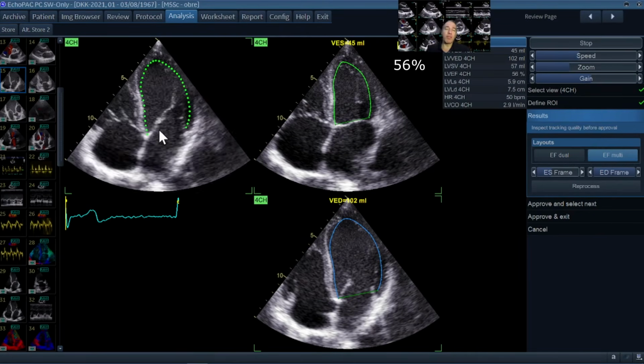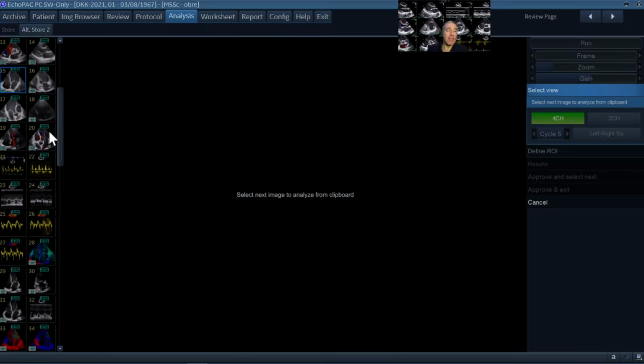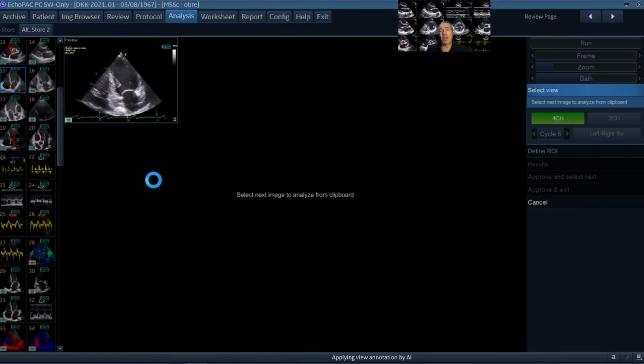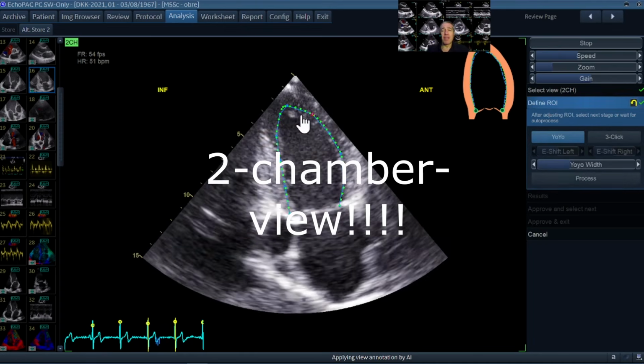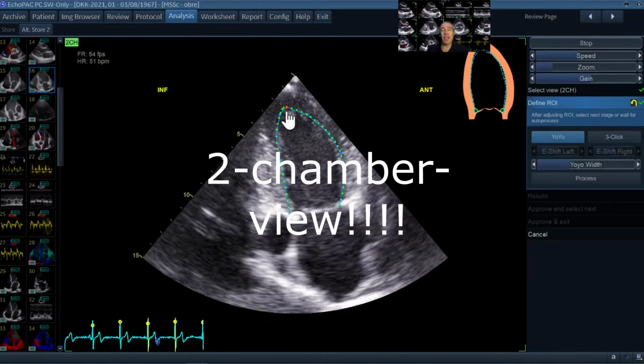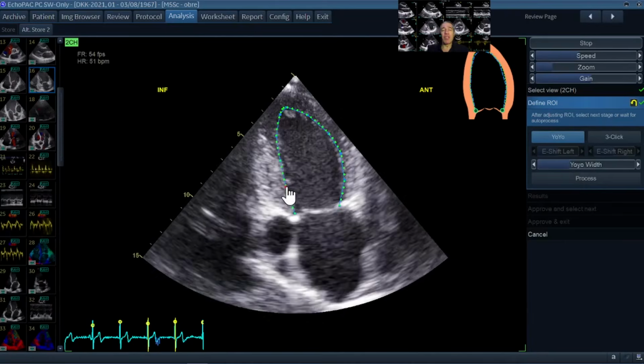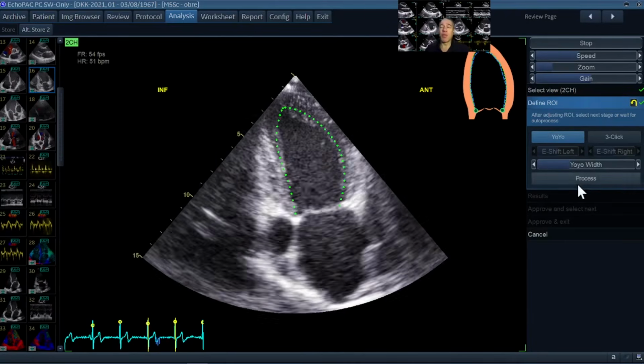You can stick to the monoplane ejection fraction measurement, but if you want to be more precise, you add a second plane, and this is typically the apical two-chamber view, as I have it here. Again, I do some corrections for the wall detection.